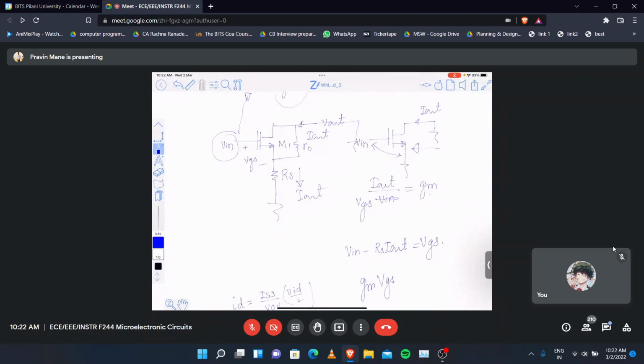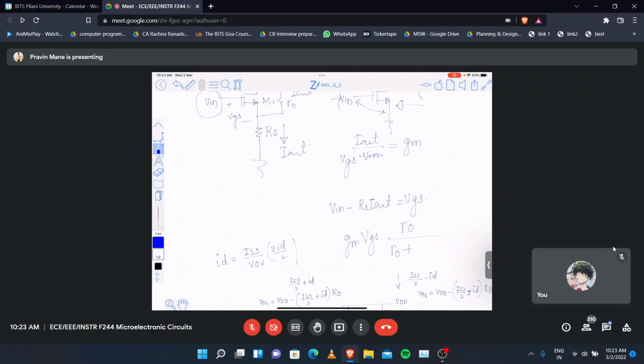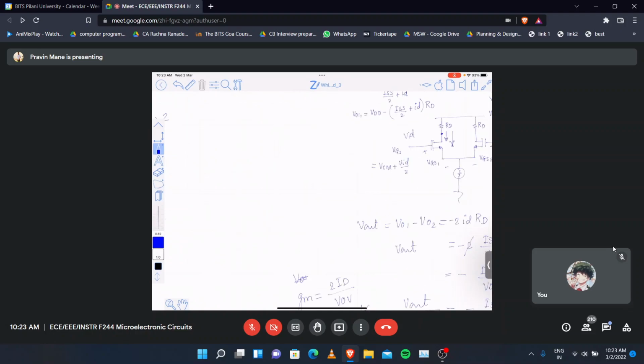Out of that, the current that flows through the output terminal, that flows through RS, has to be RO divided by RO plus RS, equal to I out. Then you solve it and you will get the value of capital GM. So I am writing here capital GM is equal to gm RO divided by RS plus RO plus gm RS RO.